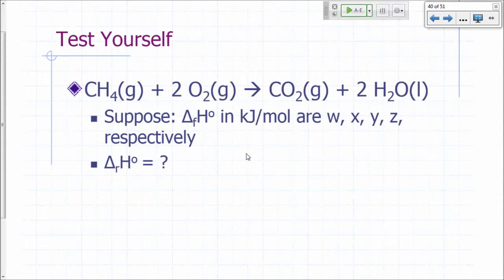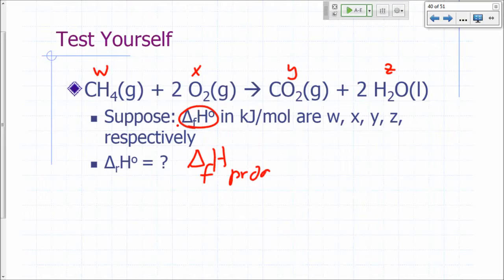Let's say you look at the delta H formation of the reactants and products involved here, and they happen to be W, X, Y, and Z. What's your delta H for the reaction? It's delta H formation of the products, right? Minus delta H formation of the reactants.